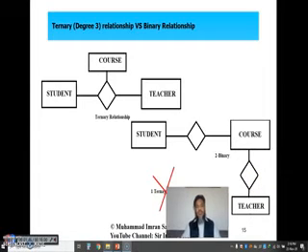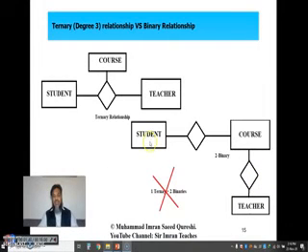But remember one thing, in this case, this diagram or two binary relationships can never be equal to one ternary, because this ternary is giving me three informations like about student, the course he is taking and the teacher. But when I look at this binary, it gives me data about student and the course he is taking.